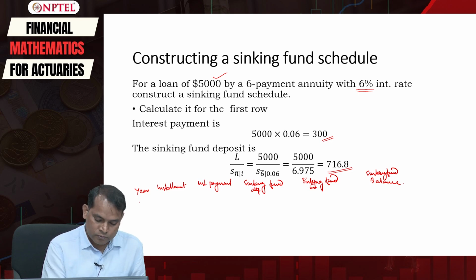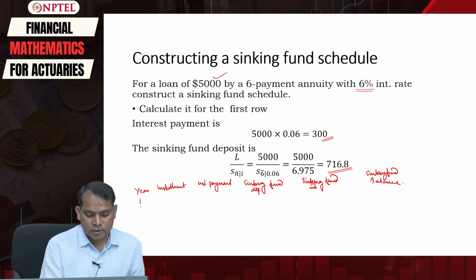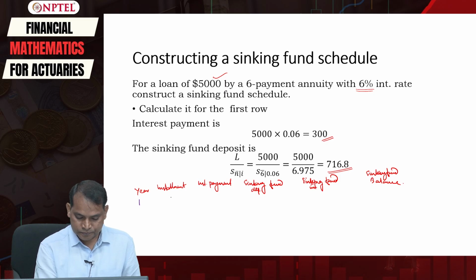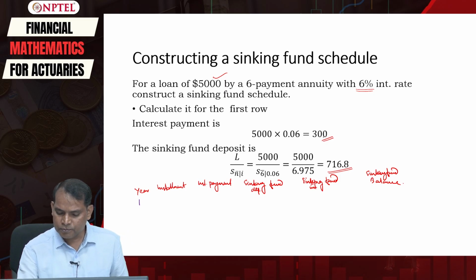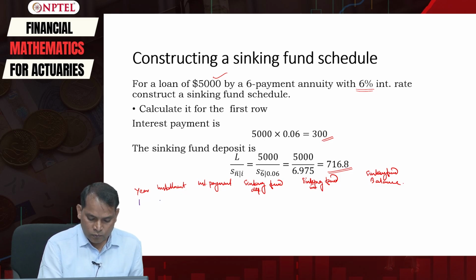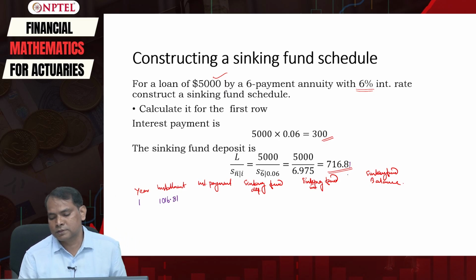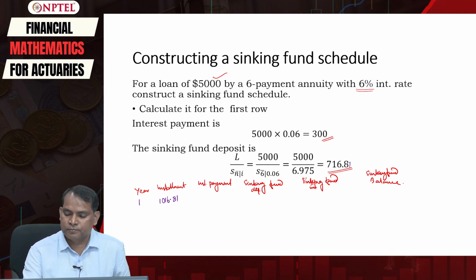So the first row will be 1, then we can easily compute it. The installment will become this plus this, so it will become 1016.81, or you can simply say that this is calculated to be 716.81, so this plus this will be 1016.81.